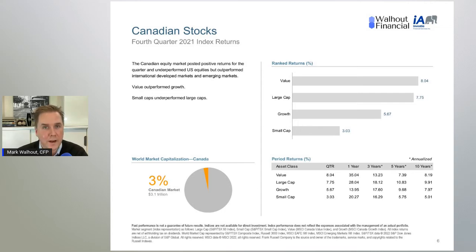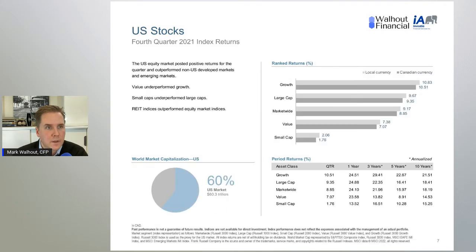So it's been a bit of a benefit. I just want to note that this is a historical finding, so we don't know whether that last one will persist in the future, but historically, being slightly heavier in Canada has been a good way to smooth out your returns without sacrificing any higher returns. The next geography that we're going to look at is US stocks.